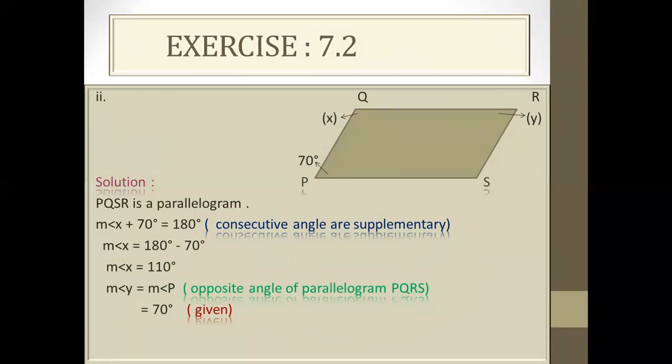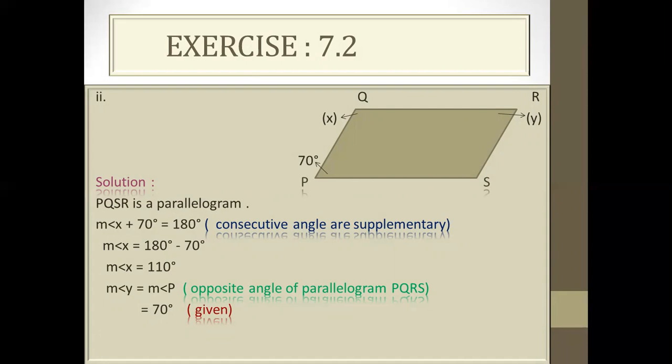So Y is equal to 70 degrees, and we give the reason: the opposite angles of the parallelogram. PQRS is a parallelogram, and angle P is equal to angle R because they both are opposite angles of the parallelogram. Now it is the turn of angle X.